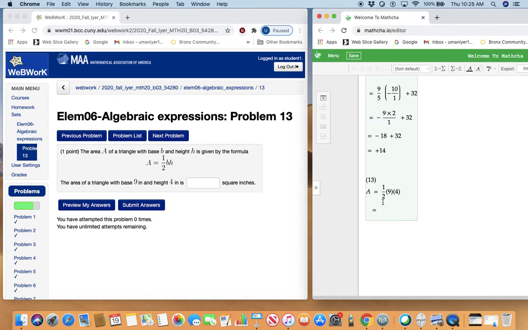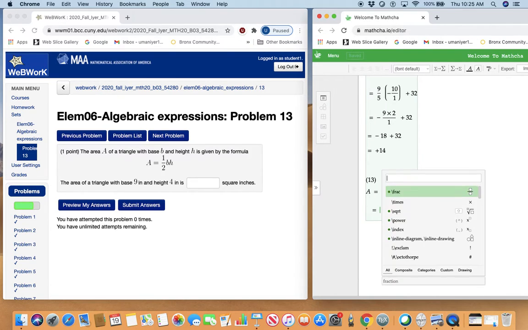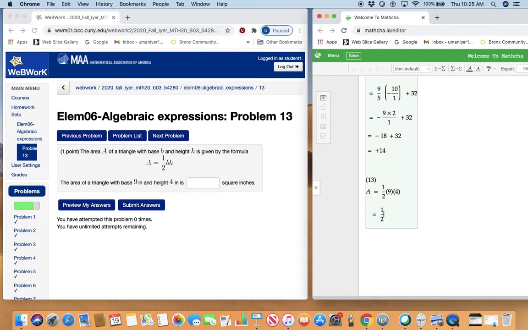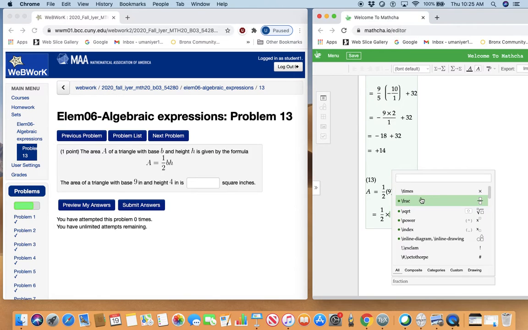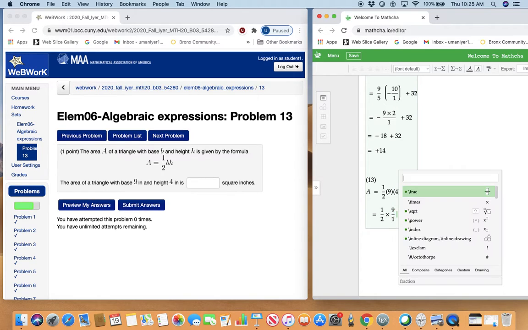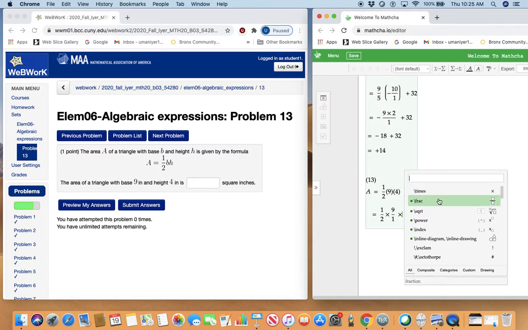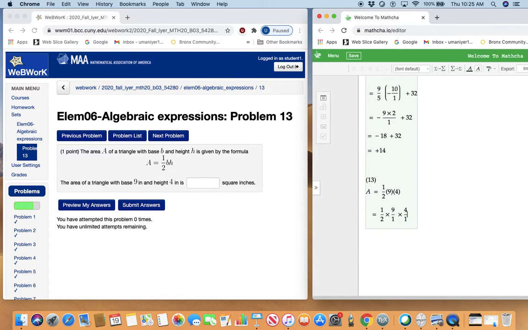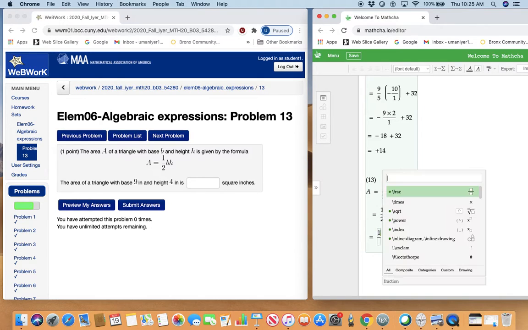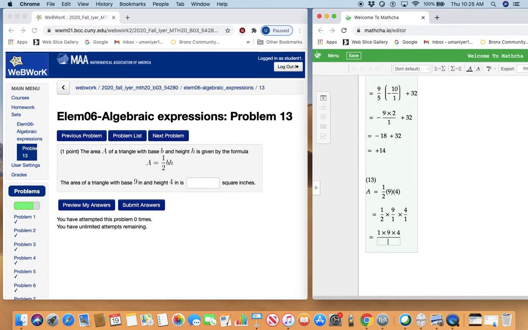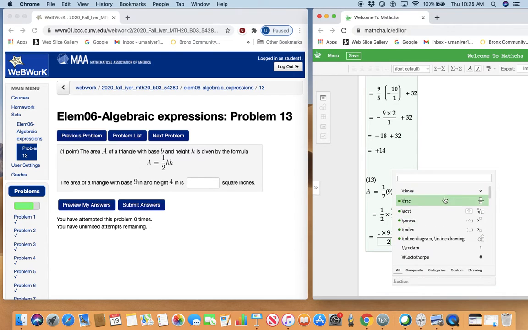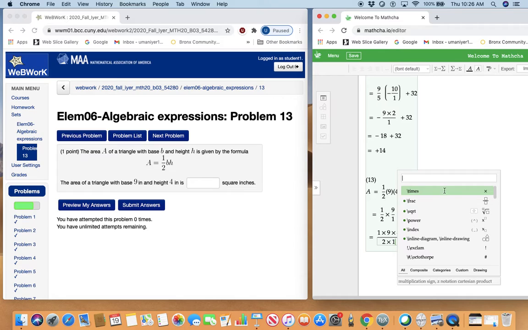Okay, so now you know how to multiply. You see that's a fraction, so I'll convert everybody into a fraction. 1 over 2, which I'm going to multiply by 9, that is 9 over 1, which I'm going to multiply by 4, being a fraction, 4 over 1. So that is the same as fraction 1 times 9 times 4 for the numerators, and denominators are 2 times 1 times 1.